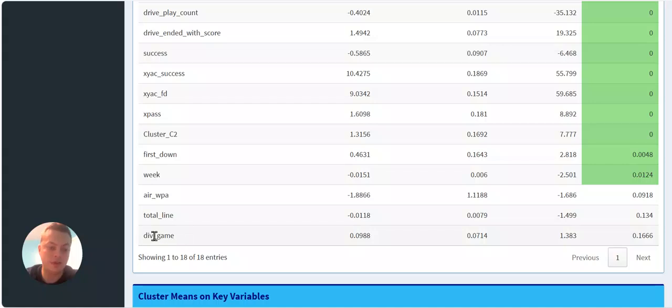And then a divisional game has a correlation of 0.1666. So all of these have pretty decent significance. However, 16 of 18 fall into the statistically significant category of 10% or better, and 15 of 18 fall into the statistically significant category of 5% or better.